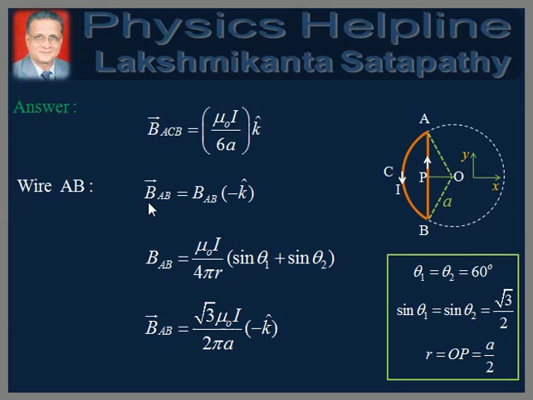Therefore, B_AB vector is equal to B_AB magnitude into minus k cap.